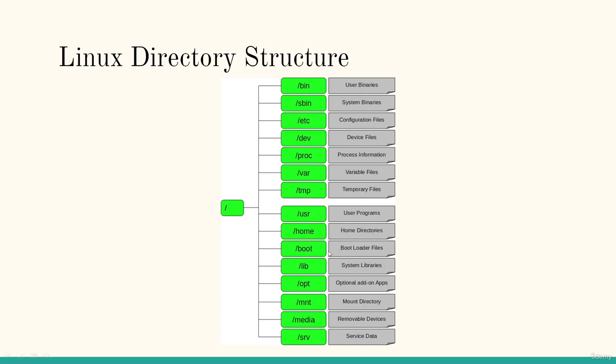Then the boot for bootloader files, the lib for system libraries, opt for optional add-on apps, mnt for the mount directory, media for removable devices like USB, CD, etc. Back then, floppy, if you are aware of this, it was an old storage medium. And srv for the service data. Okay, now let's start one by one.